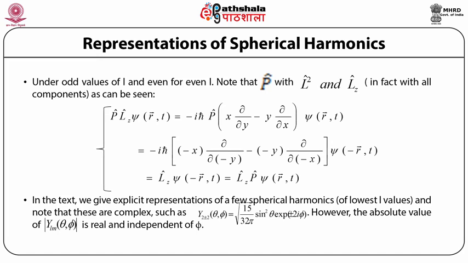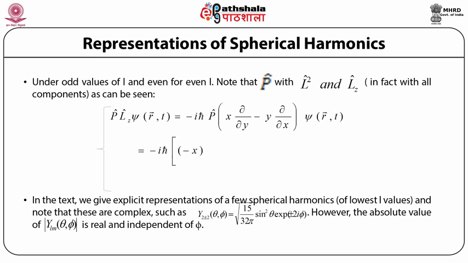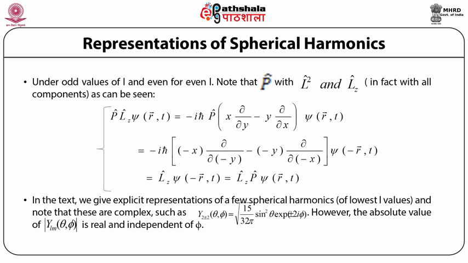However, if one takes the absolute value of the spherical harmonic, modulus of Y_LM(theta, phi), then it turns out that this absolute value is real and is independent of the angle phi.